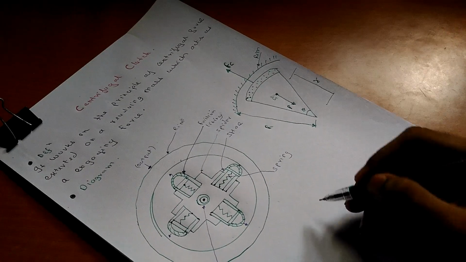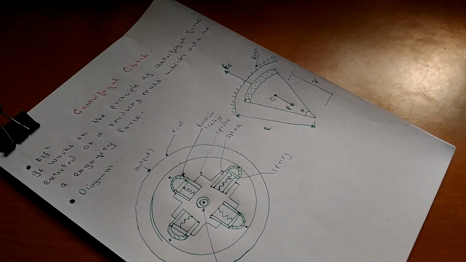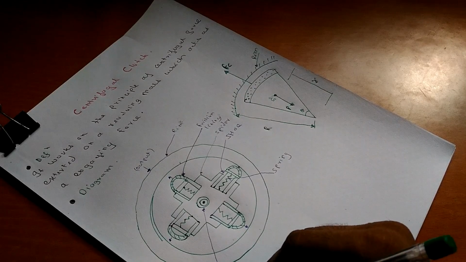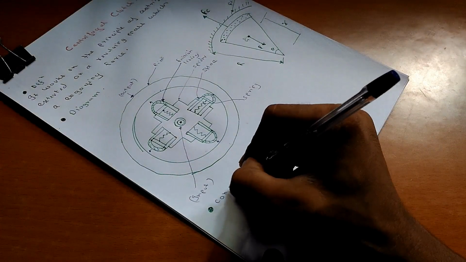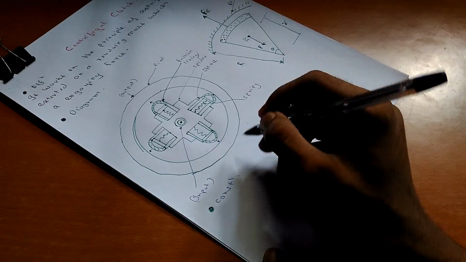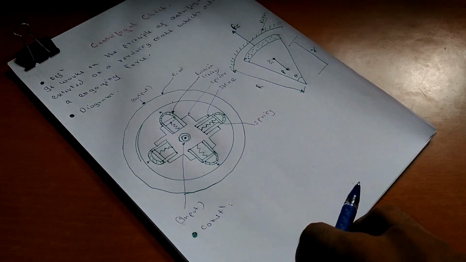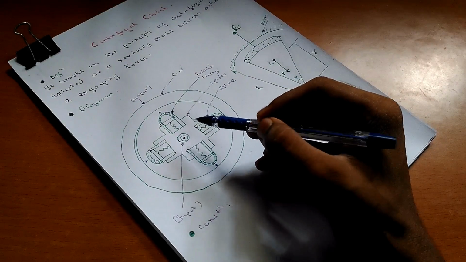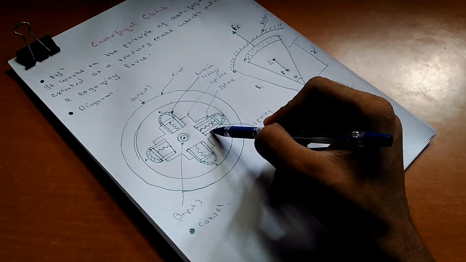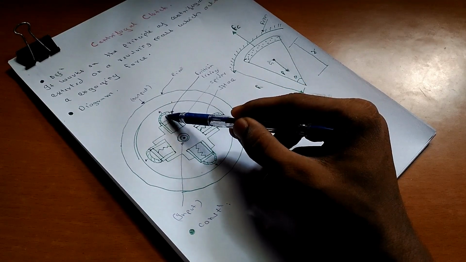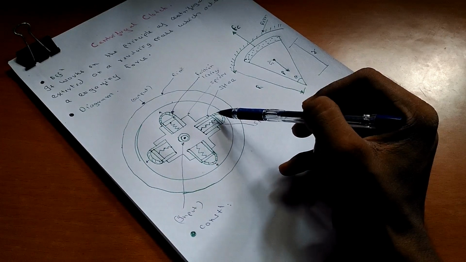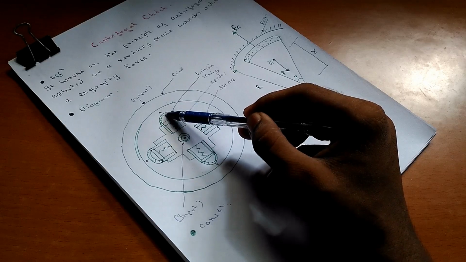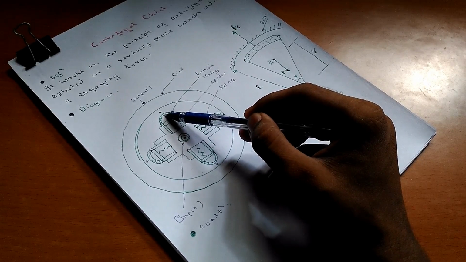Now let us see the construction of them. So what is the construction? This clutch consists of a number of shoes, 1, 2, 3, 4, whose outer surfaces are curved, so that the friction is provided between the rim and the outer surface of the shoe.